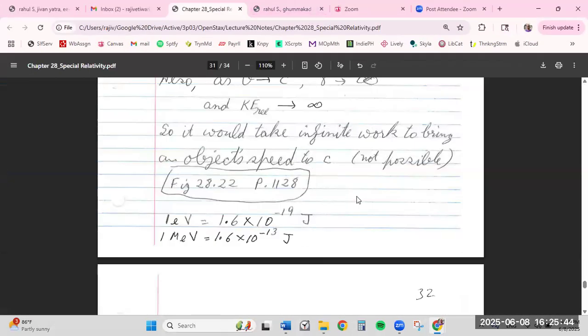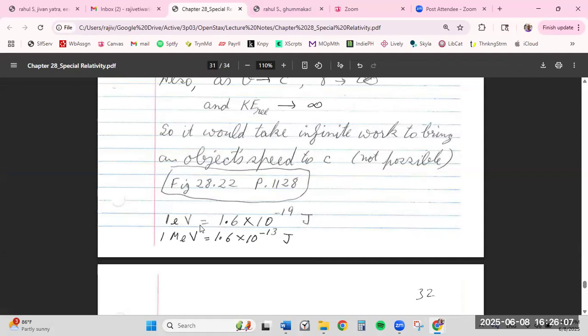There's an alternate unit for energy that's used in particle physics, atomic physics, nuclear physics, etc. And that's called the electron volt. We defined electron volt in second semester when we were talking about electrical energy as well.